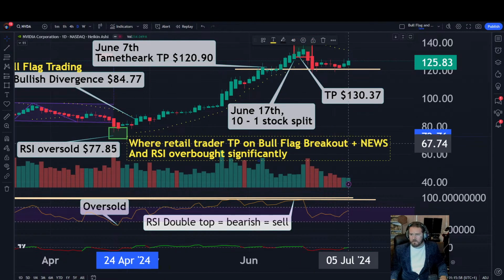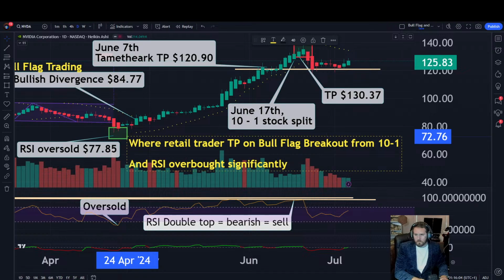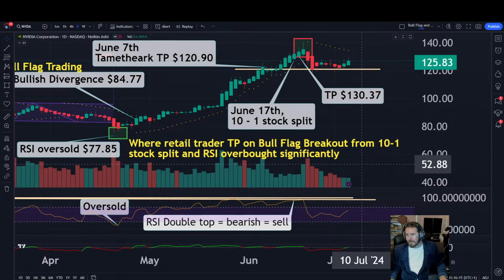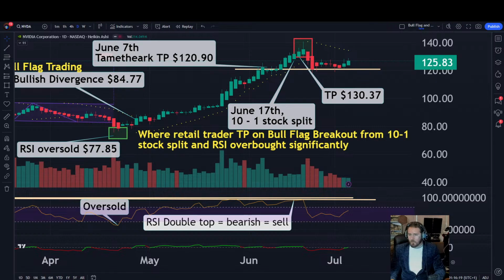Let's not say news. Let's say catalyst from 10 to 1 stock split, because that's the basis of taking profit. You wait until the stock split. And let's add this to the chart as well. All right, boom. Now we can add this to the charts channel.